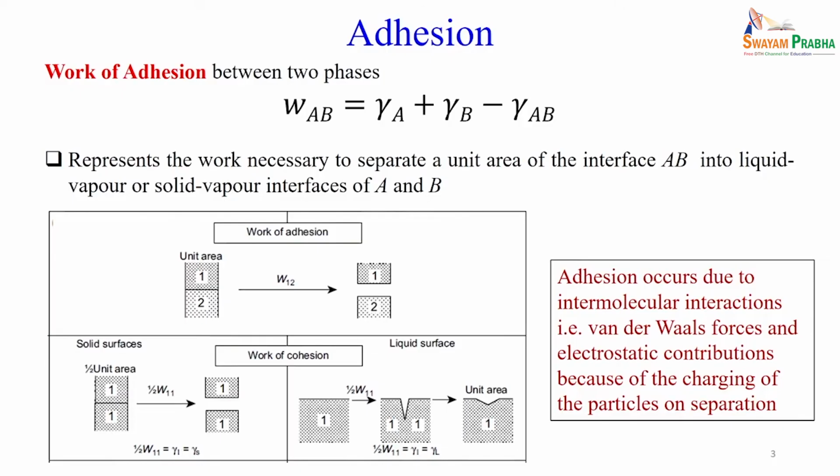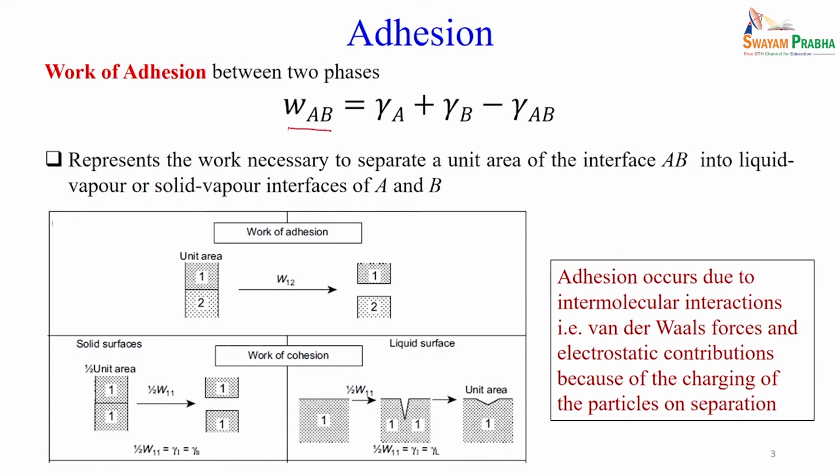Then we will quickly see how this intermolecular interaction during cohesion and adhesion takes place, particularly in terms of work of adhesion and surface tension or surface energy. Then we will see the example of particle-particle interaction and particle-surface interaction, considering the presence of van der Waals interactions.